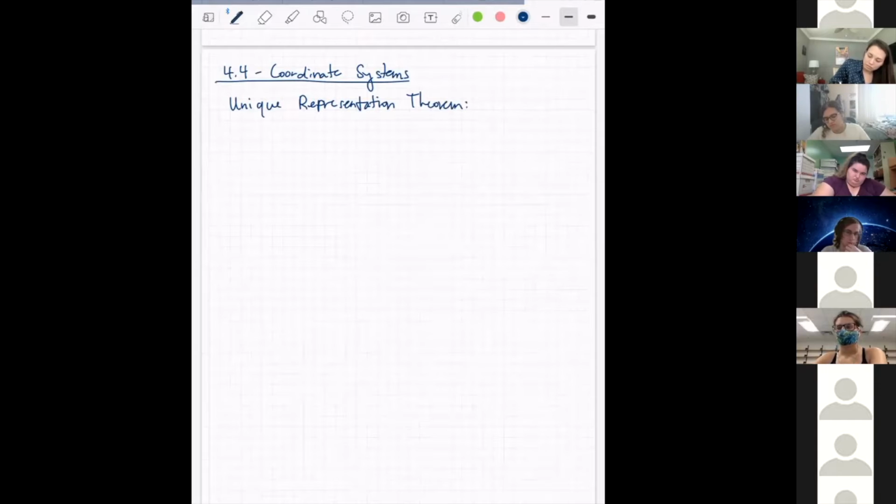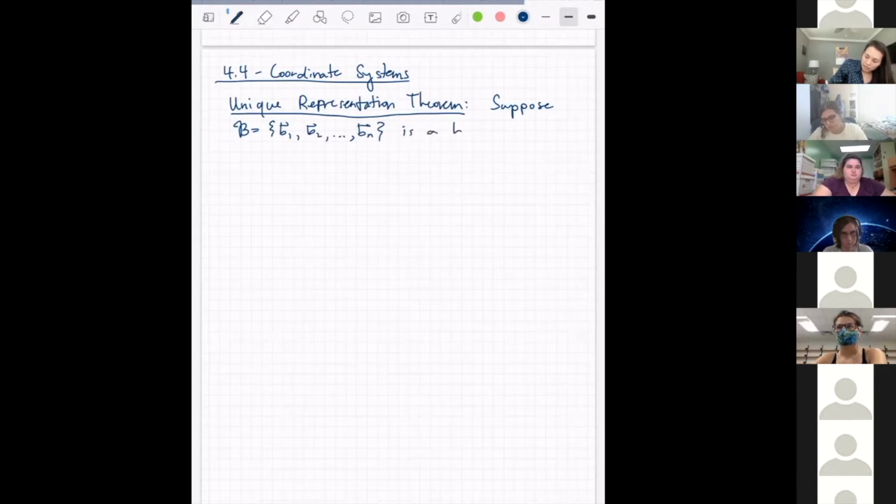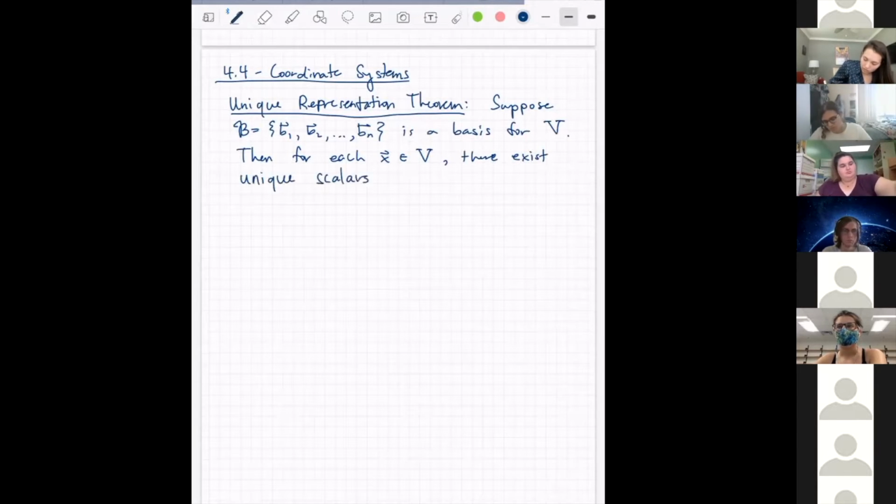And what this says is that if you have a basis for your vector space, so say we have B is a basis for V, then for each vector in V, so for each vector X, there exist unique scalars C1 up to Cn such that X is equal to this linear combination.